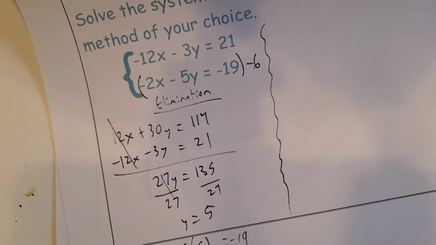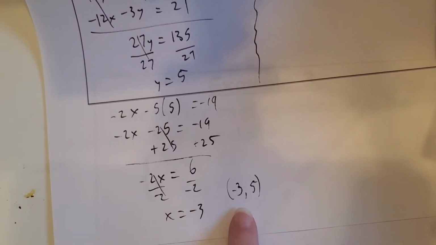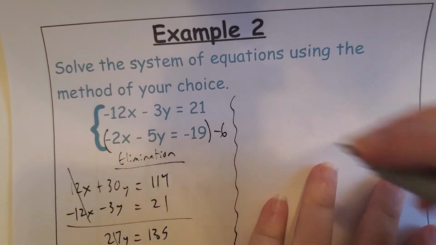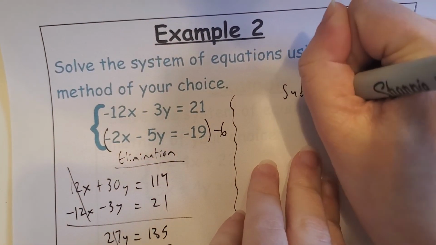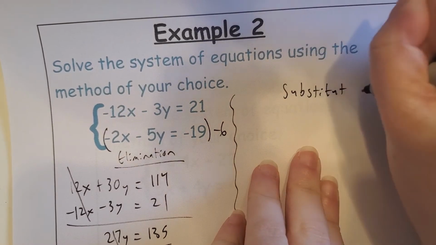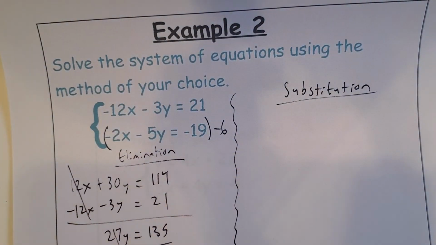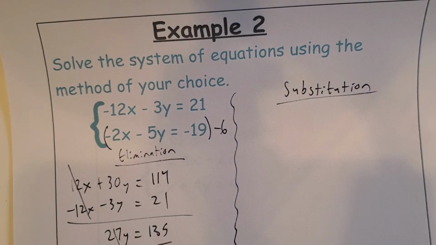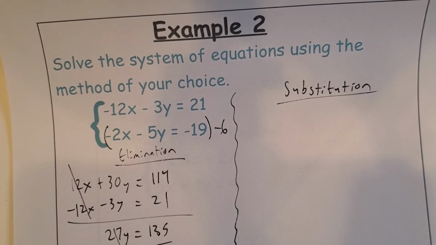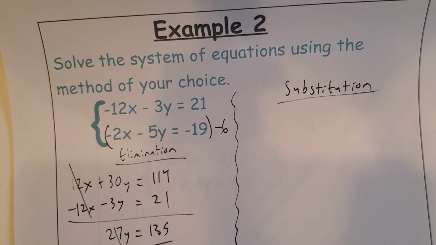Now on the right side, hold on, let me show you that. Negative 3, 5. On the right side, I want to do this exact same problem using substitution and really talk about how you would solve this using substitution and how you should expect to get the exact same thing.